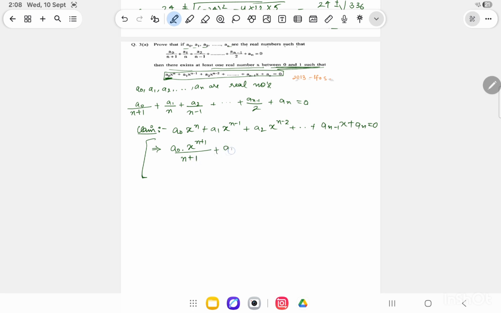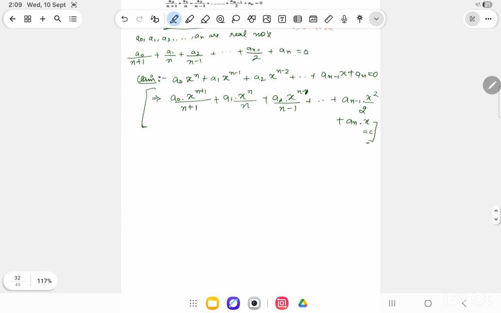If I take the integration, I'll get a1 times xⁿ/n plus a2 times x^(n-1)/(n-1) and so on, a(n-1) times x²/2 plus an times x, plus c, maybe the integration constant.